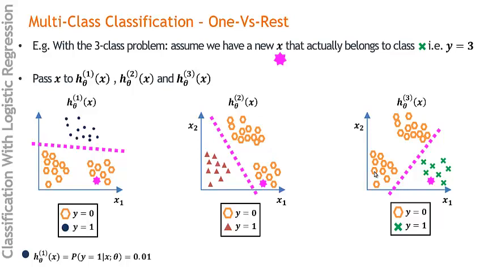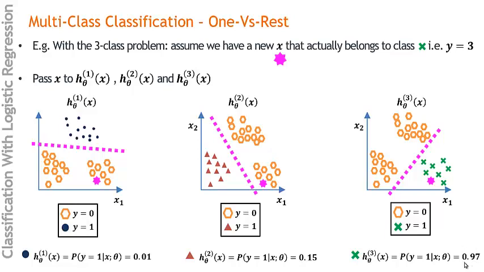Remember that when we do the classifier, we actually get a probability. So for this new data point, we got a probability of being in this class here. It turned out to be 0.01. Here it turned out to be 0.15. And here it turned out to be 0.97.